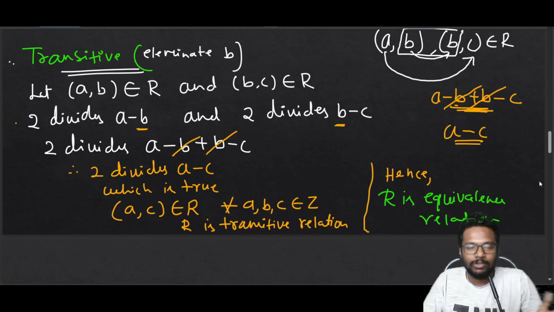In the previous question we discussed triangles, similar and parallel, but here we are discussing numbers, integers, a minus b, 2 divides, though the pattern will be the same. To show reflexive, we have to change b to a. To show symmetric, we have to interchange a and b. To show transitive, we have to eliminate that middle part b. I hope you all understood.